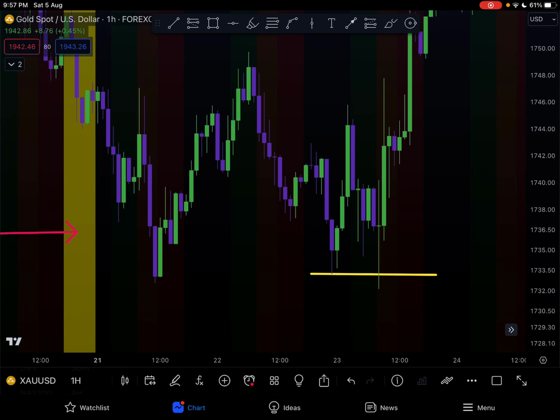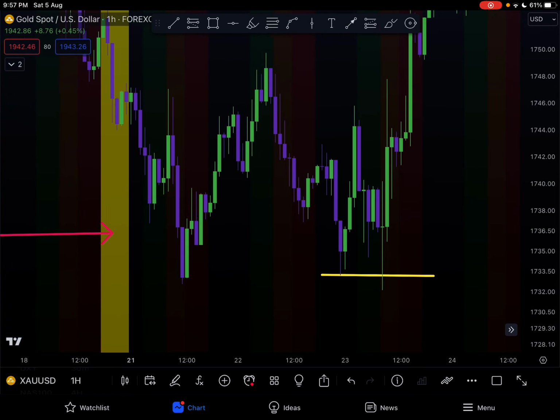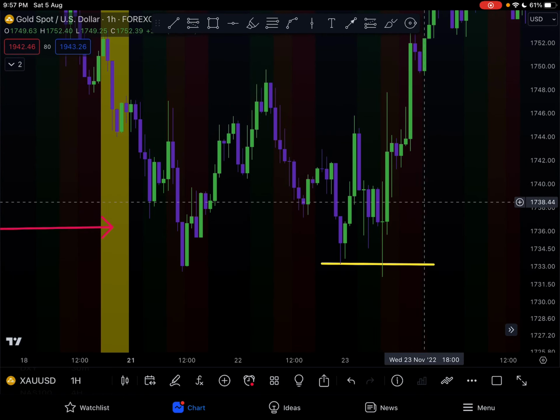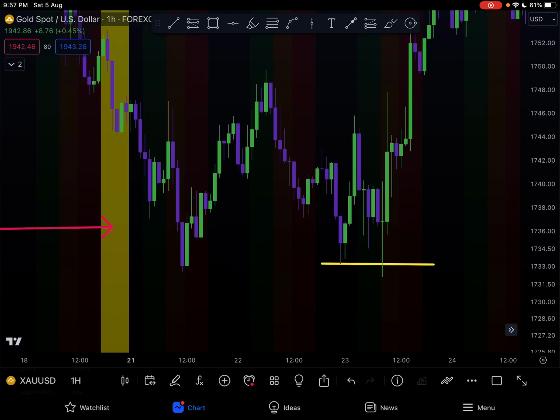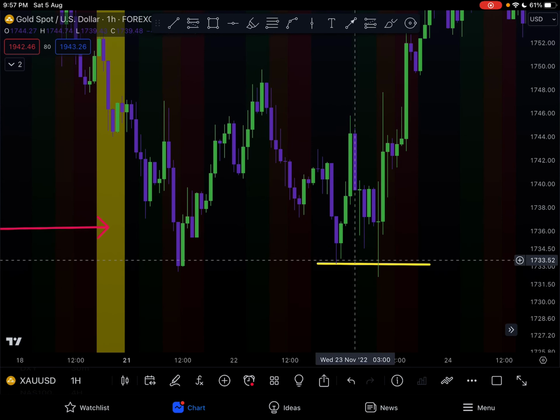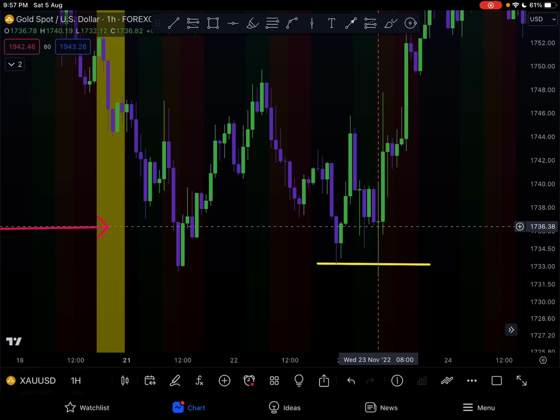I've sat down with 15-year-olds and 16-year-olds like, yo, can you clearly see that this goes underneath this low here? And again, if we talk about algorithmic price delivery, you need to understand that nothing in this chart is random. Not a single candle is out of place. I want you to think about that.